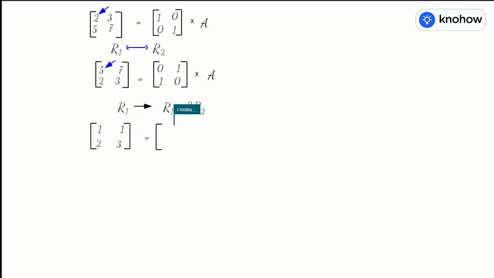That is R1 0 minus 2 times 1, that is 0 minus 2 will make it minus 2, and 1 minus 2 times 0 will not make any difference, will remain 1, and of course second row you continue as such, and into A.